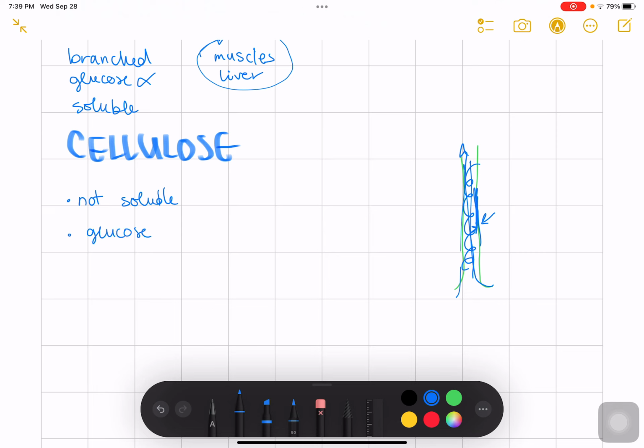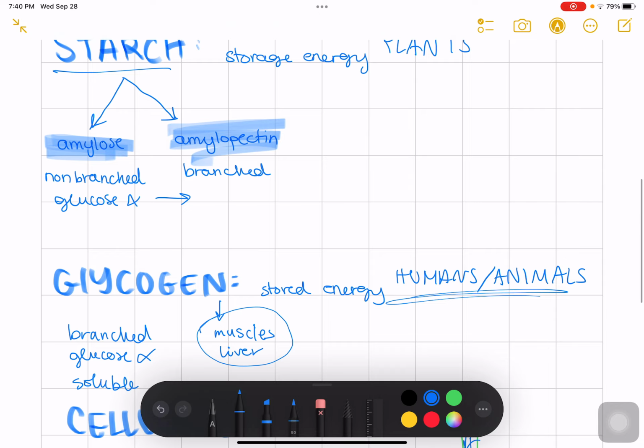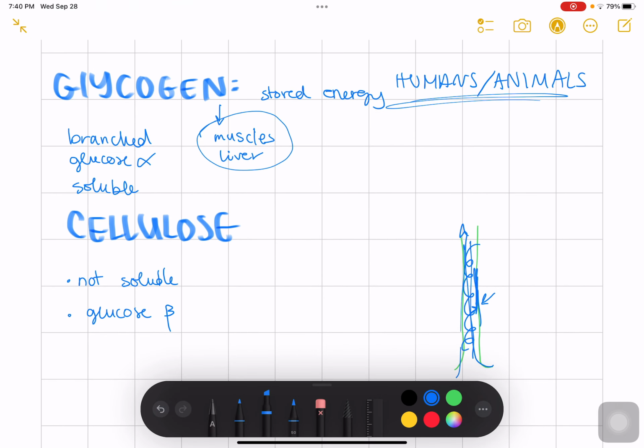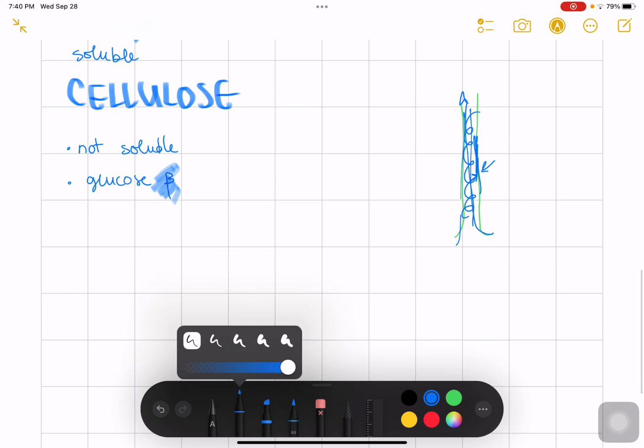Is it alpha? No, it's not. It's glucose beta. So we're already seeing differences here between the cellulose and the starch and glycogen, which are glucose alpha, and this is glucose beta. Okay, that is what you need to know about cellulose. You also need to know that it is not branched.